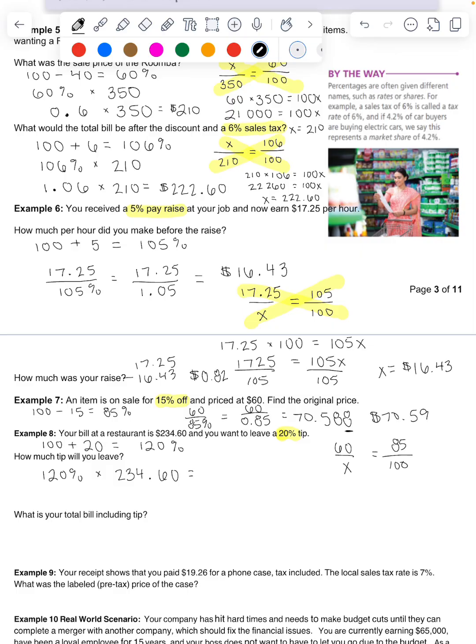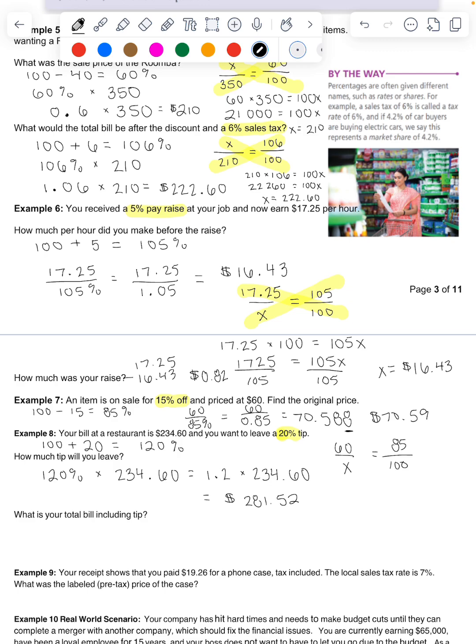I need to convert that to a decimal. So that is 1.2 times 234.60. 1.2 times 234.60 gives me a final bill of $281.52.